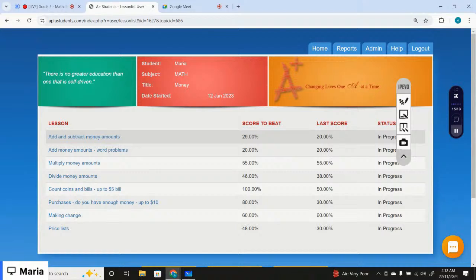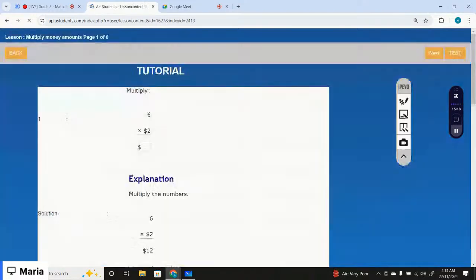Word problems you have to do on your own. The next one is multiply money amounts. So you have to multiply the same way you multiply the numbers. 2 times 6, so which is the correct option? 6 times 2 is 12, so the correct option is 12.